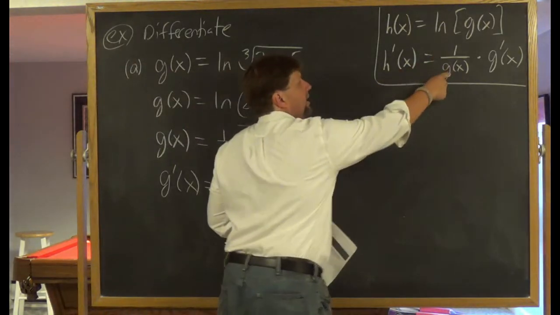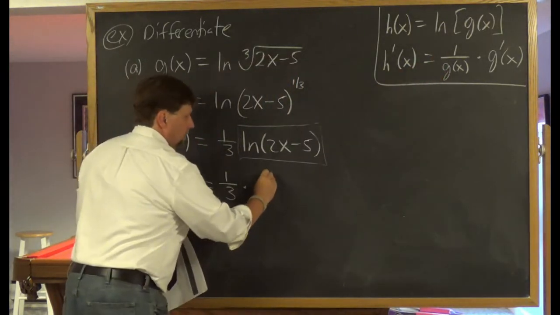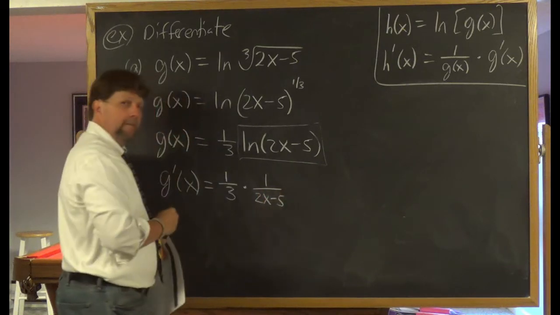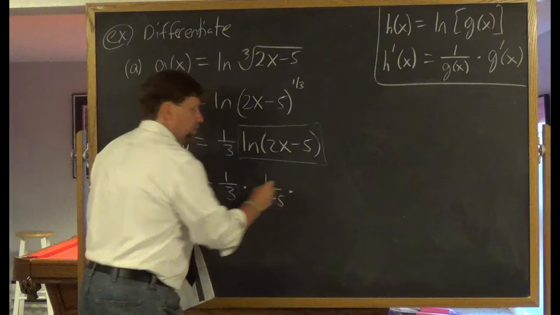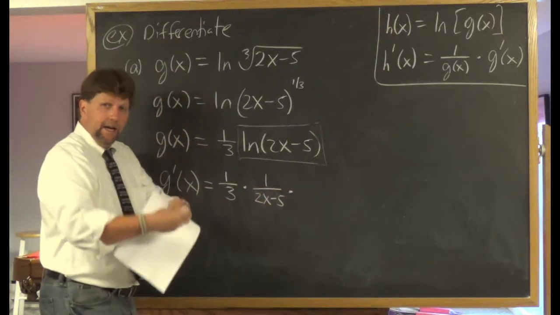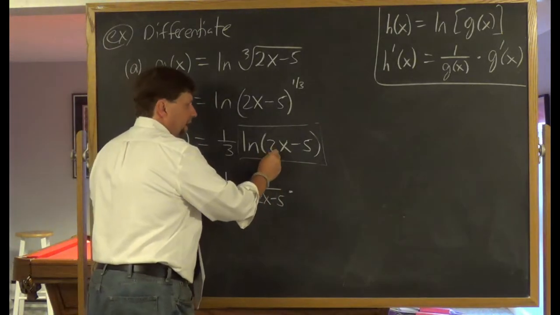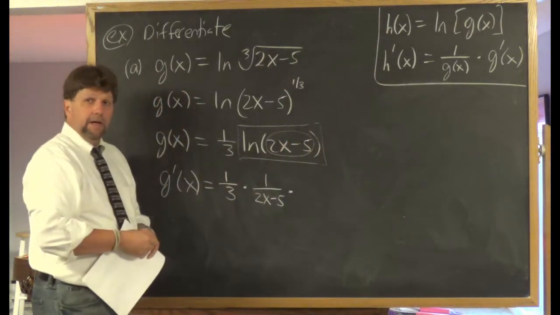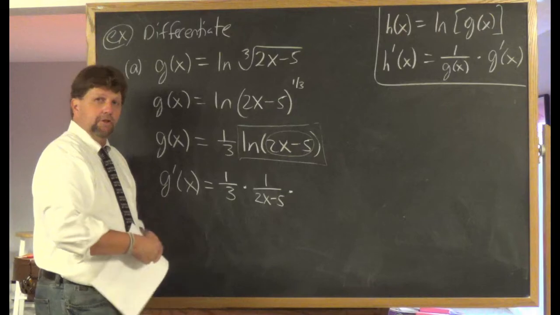It's this piece right here. So 1 over the 2x minus 5, and then times, and here's where your chain rule comes in, times the derivative of this function. Well, what's the derivative of 2x minus 5? It's just 2.